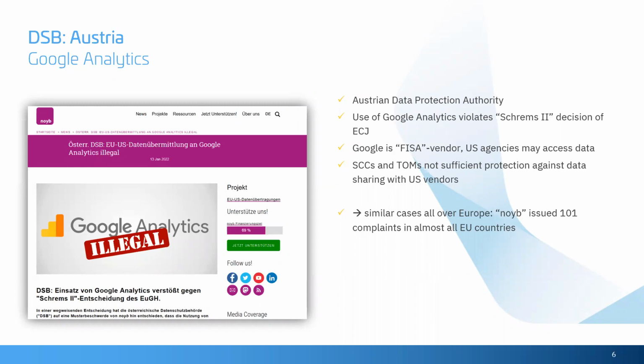FISA, that's the American law that allows agencies, so CIA, FBI, etc., to access data from these vendors, and the DSB, the Austrian data protection authority, sees that Google will fall under this, and therefore US agencies may access this data, and therefore the data is not securely stored in Google Analytics.